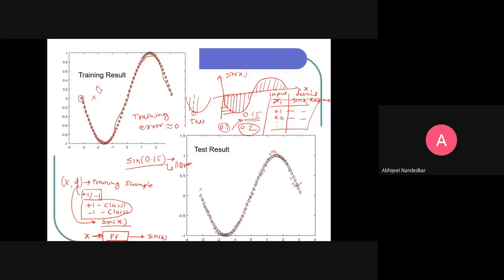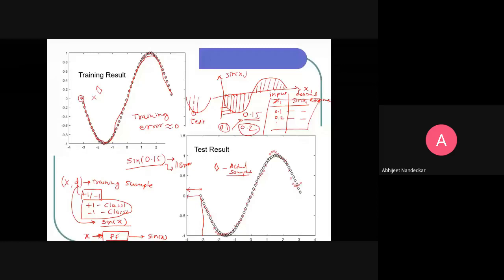Now if I do this with say 5 or 6 neurons, you see that these diamonds here are the actual samples, and that is the corresponding real value of sine. You will see that for this sample it is producing this value as sine, which is not correct.